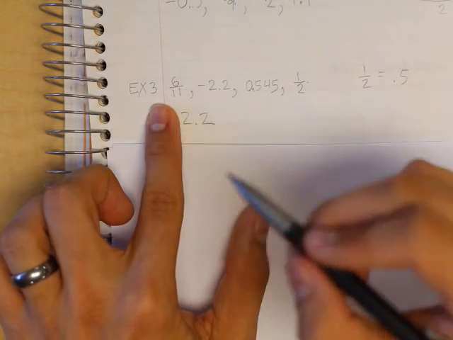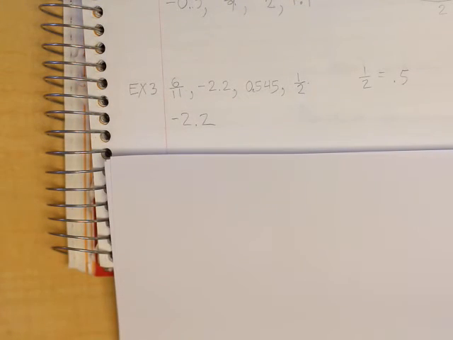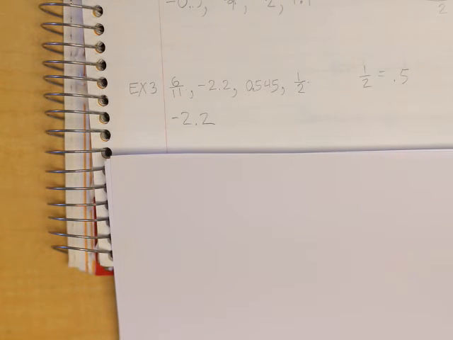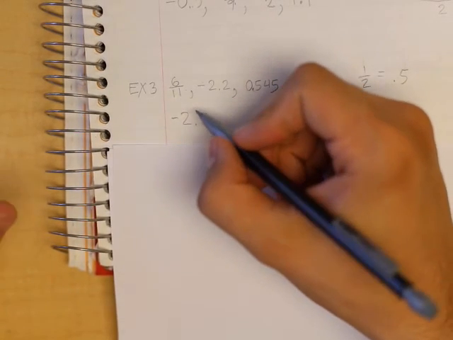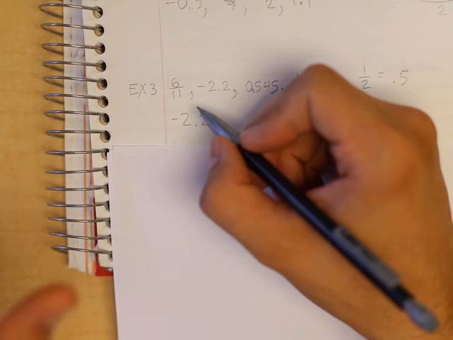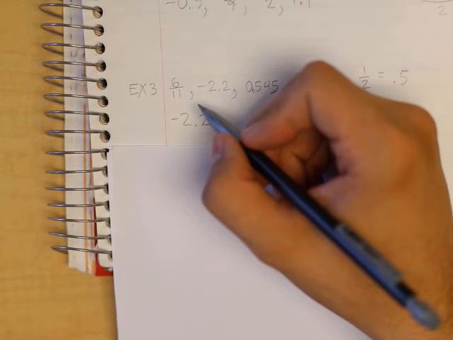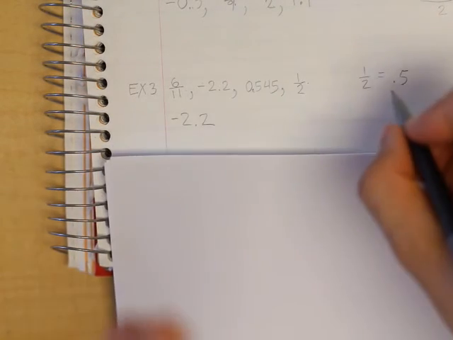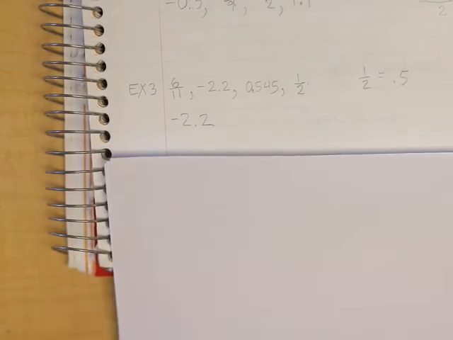Is 6 over 11 bigger than 1/2 or less than 1/2? Well, what's half of 11? Well, that would be 5.5. And 6 is more than that. So this right here is just a little bit bigger than 0.5. We don't know how much bigger. We just know it's a little bit bigger.